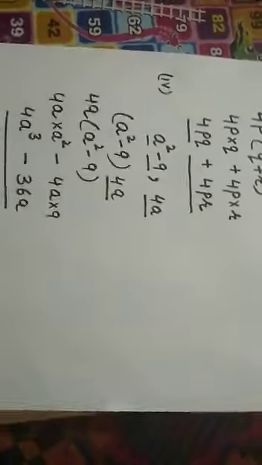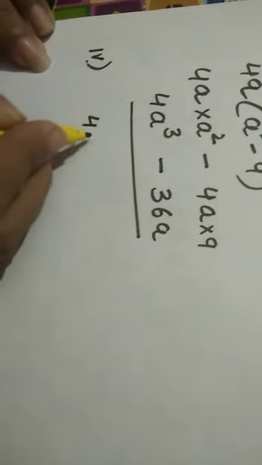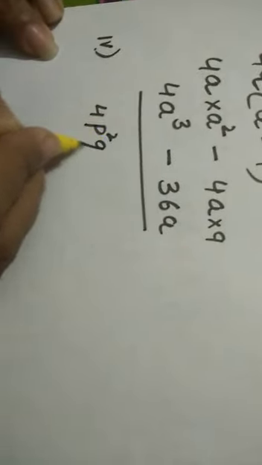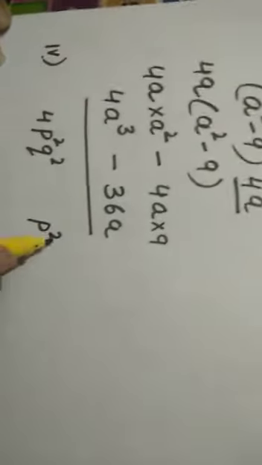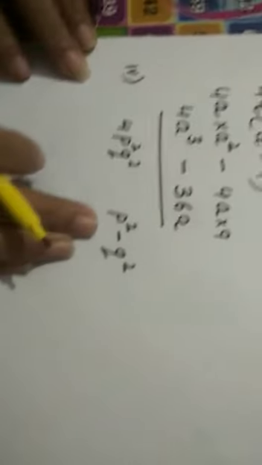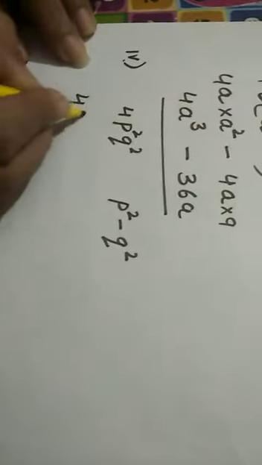I am taking one more part for you, its fourth part. Now they have given 4p square q square. This is the first expression. Second expression is p square minus q square. Now a binomial they have given. So 4p square q square will be multiplied with p square minus q square.